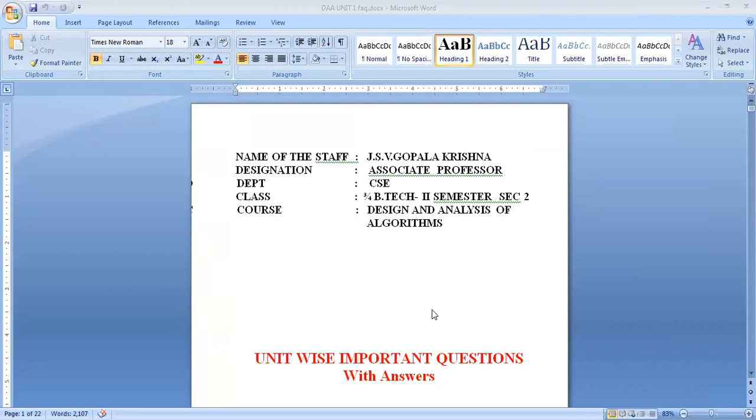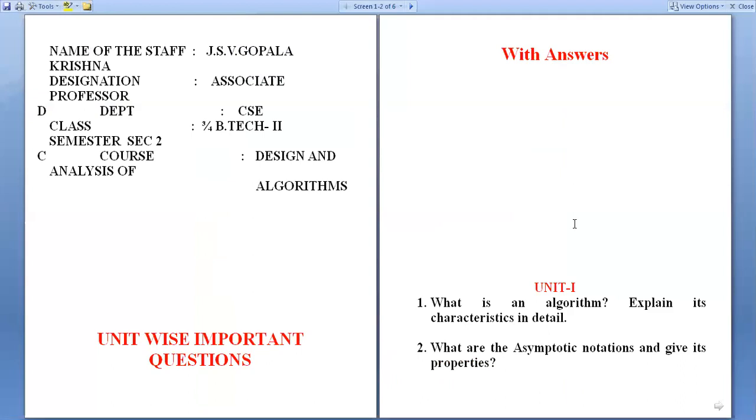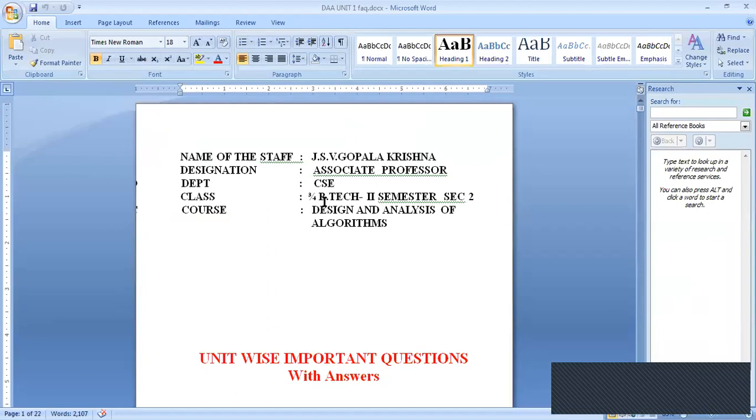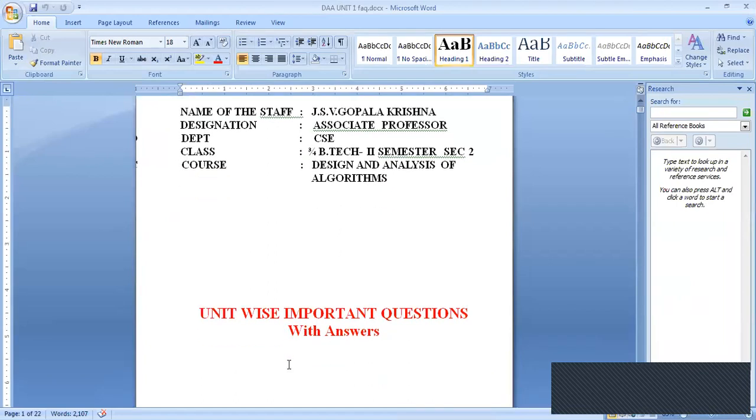Now, today's class is based on the first unit as a revision. So, we want to discuss the subject concepts of the first unit, that is asymptotic notation and the algorithm.